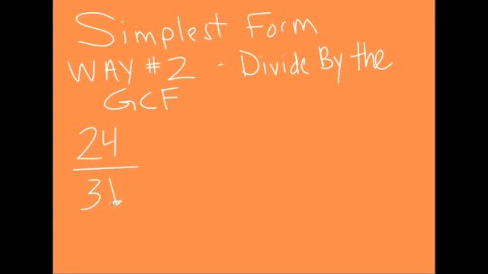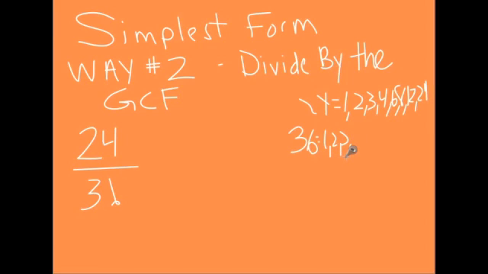I'm going to list all the factors for 24 and for 36. Sorry if my writing isn't perfect here, but for 24 I have 1, 2, 3, 4, 6, 8, 12, and 24. For 36, my factors are 1, 2, 3, 4, 6, 9, 12, 18, and 36.